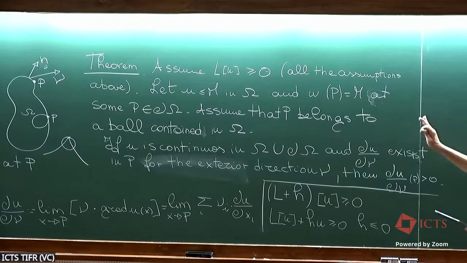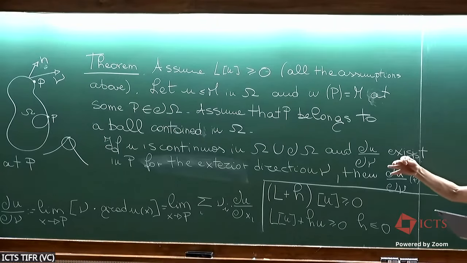Just a remark now: here omega can be bounded or not, but the consequences of the maximum principle are different if omega is bounded or not.